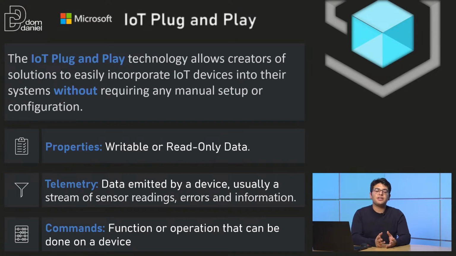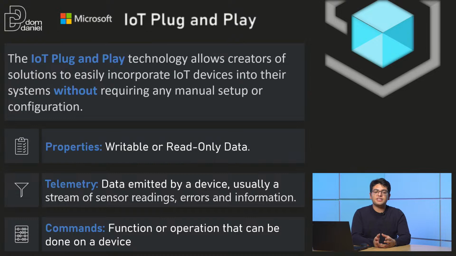So I mentioned IoT Plug and Play. IoT Plug and Play is a technology that allows creators of IoT solutions to easily incorporate IoT devices into their platforms. It has three properties, and the first is called property. This is writable and read-only data that you can transfer from your device and from the cloud.